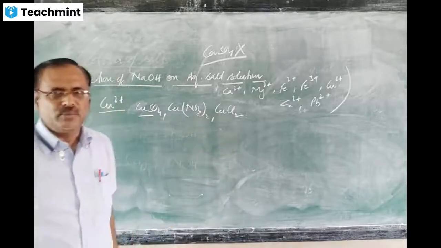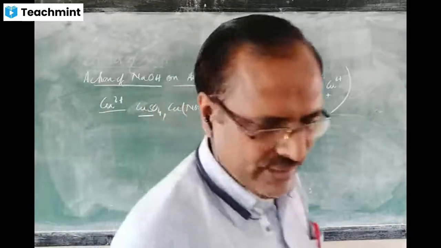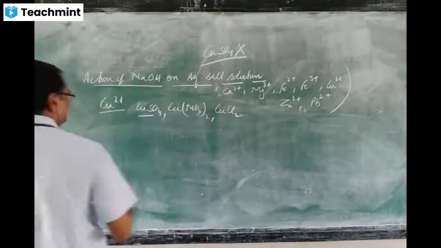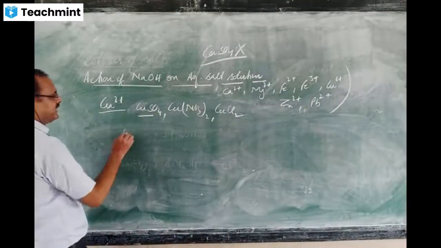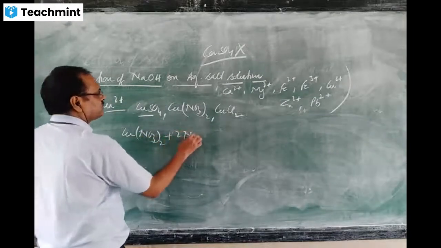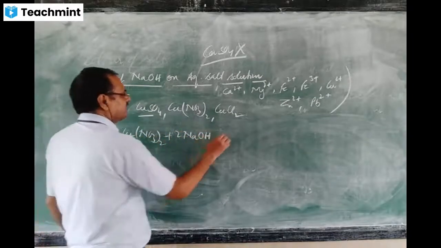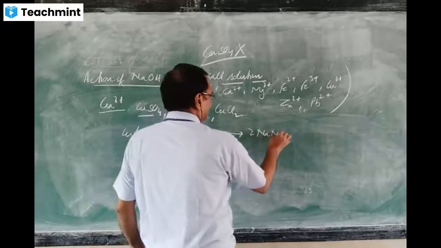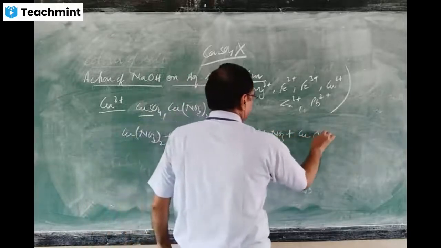Whatever the copper ions are, that same color will be there. So here we can take copper nitrate. This copper nitrate reacts with sodium hydroxide and forms sodium nitrate and copper hydroxide.